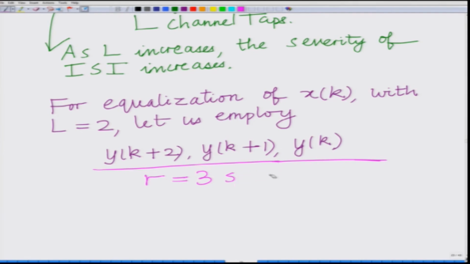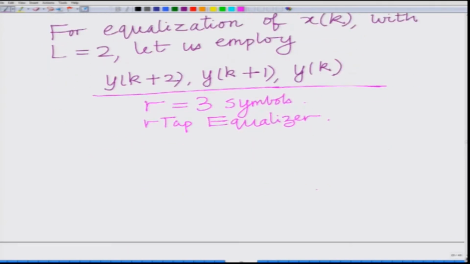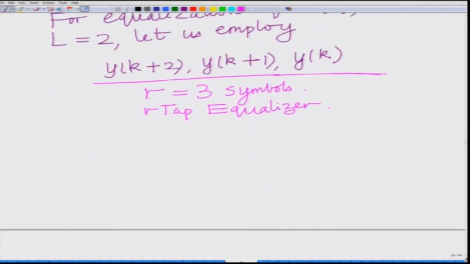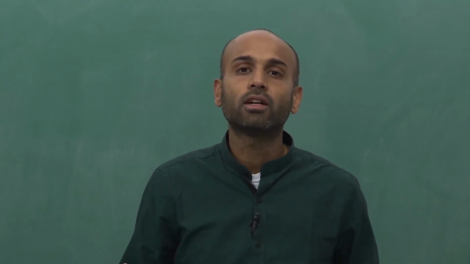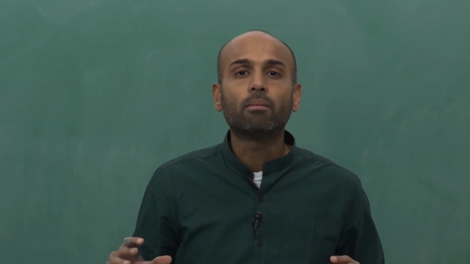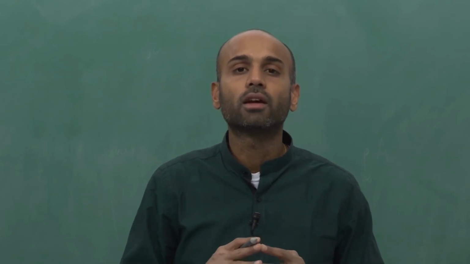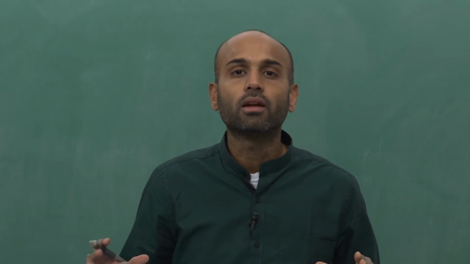This is known as an r tap, or 3 tap, equalizer. What we are going to do is linearly combine these symbols to eliminate the effect of intersymbol interference.